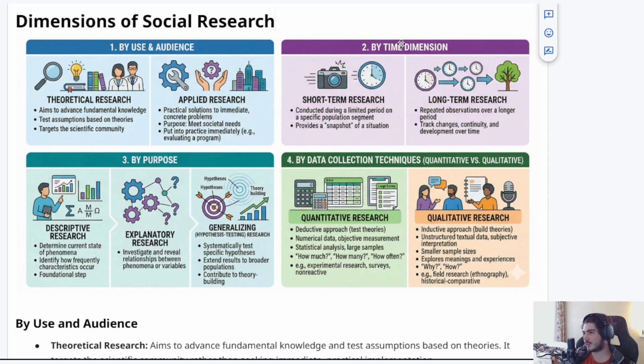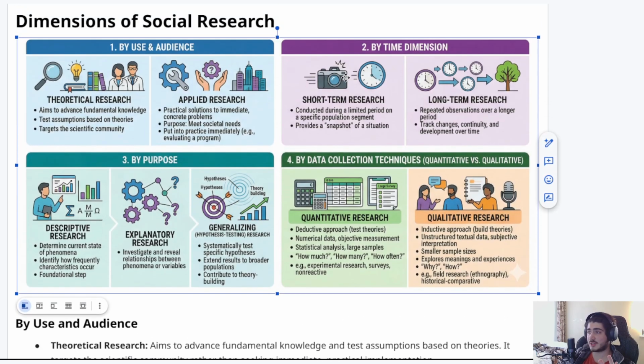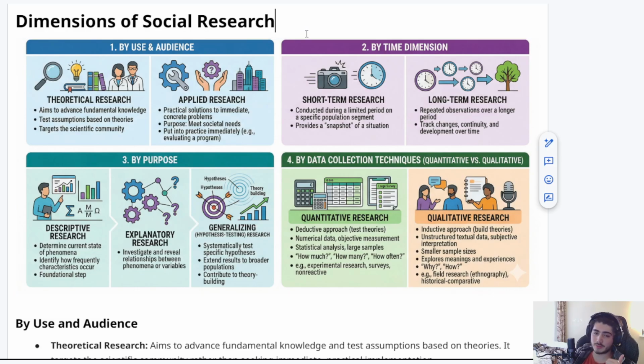Now, there are different time dimensions that we use in researches. The first one is the short term research. Basically, you take a snapshot of the current status of whatever you're trying to see. It's done in a limited period on a specific population segment, whereas long term research is repeated observations over a longer period.